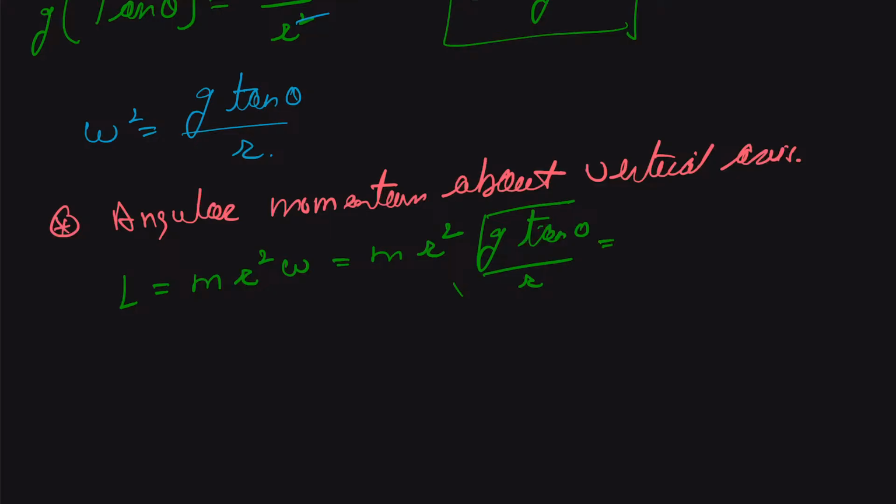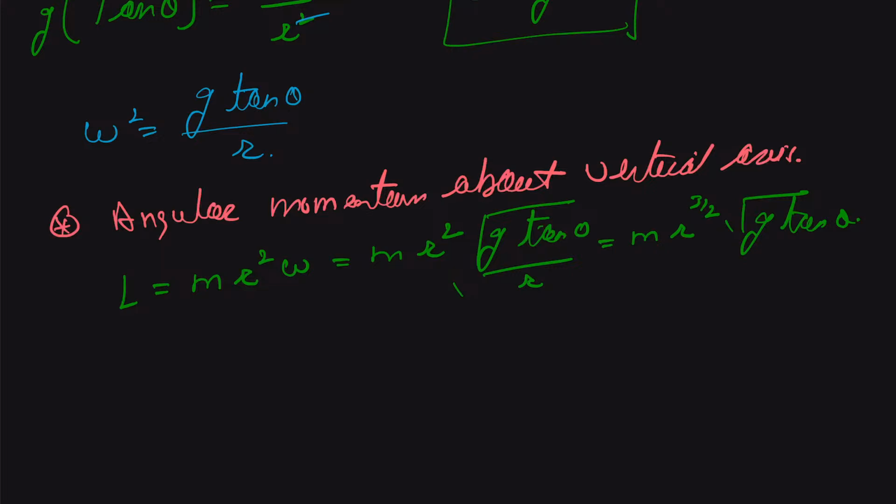And from here we can write this as m r, and this will be 2 minus 1 by 2. So 2 minus 1 by 2 is going to give us 3 by 2 and the square root of g tangent of theta.